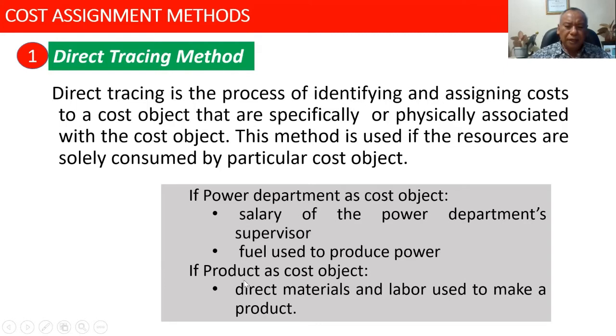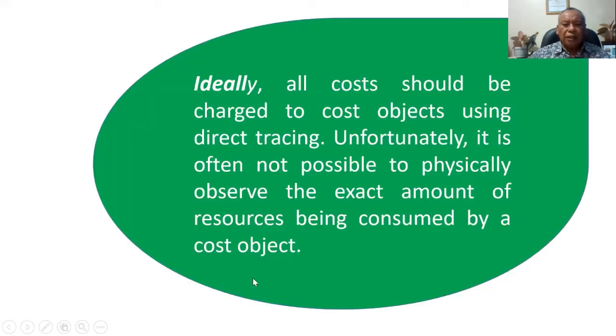If the product is the cost object, then direct materials and direct labor used to make a product will be assigned to the product using the direct tracing method. Ideally, all costs should be charged to the cost object using direct tracing, because this is the most accurate cost assignment.